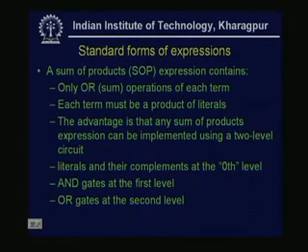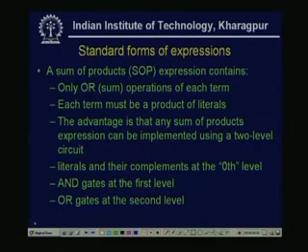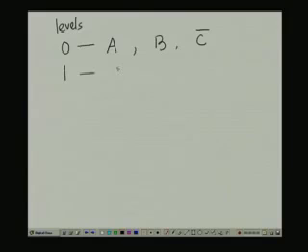Now, literals and their complements are at the 0th level, AND gates at the first level, OR gates at the second level. So, if we see the hierarchy, say the literals A, B, C bar are at the 0th level. In the first level, AND gates or the dot operation are there.